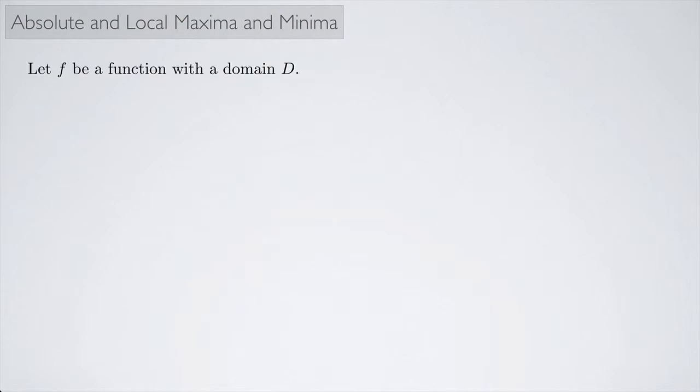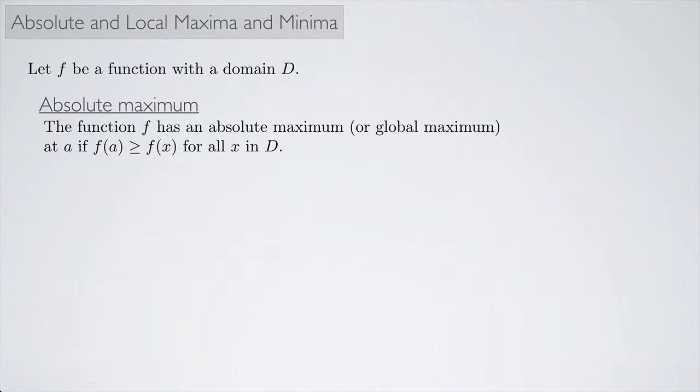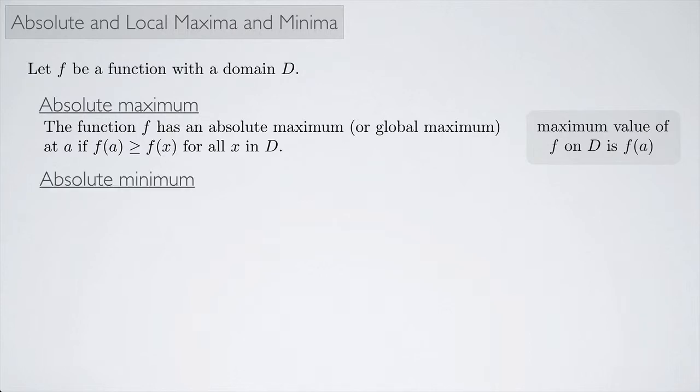So let's define a function with a domain D, and we'll look at absolute maximum first. So the function f has an absolute maximum, or some people call it a global maximum, at a if f of a is greater than or equal to f of x for all x that are in the domain D. And that value, f of a, we call the maximum value of f on the domain D. And then the absolute minimum works kind of the same way.